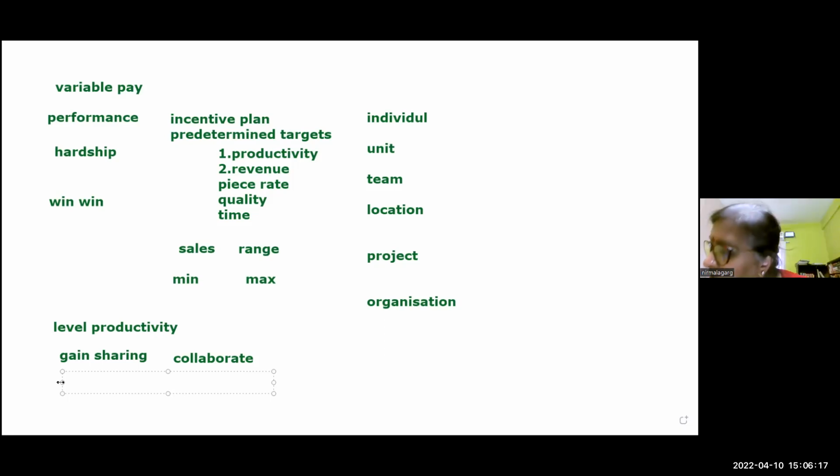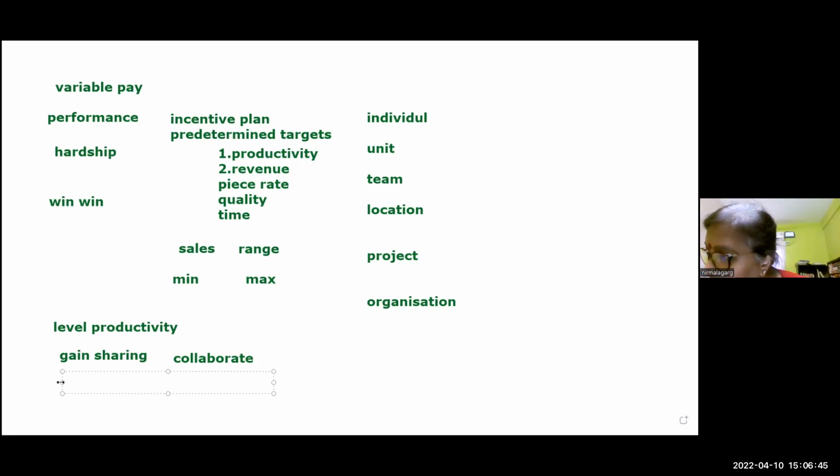Say 80% of the salary will be fixed and 20% variable, depending on the cadre or band; 20 to 30, 40%, the higher the level you go, the more of your salary will be variable pay. Against this you will be given certain KRAs and KPIs at the start of the year, evaluated towards the end, and accordingly, as per your variable pay policy, the payouts will happen.